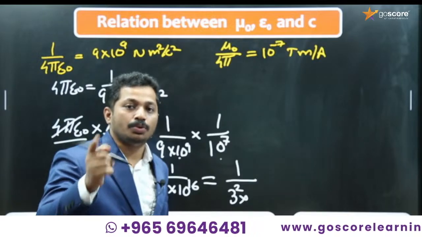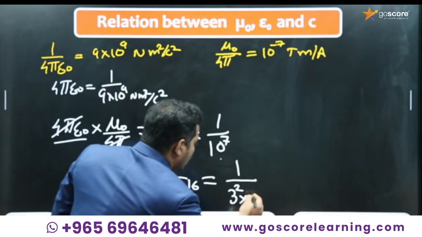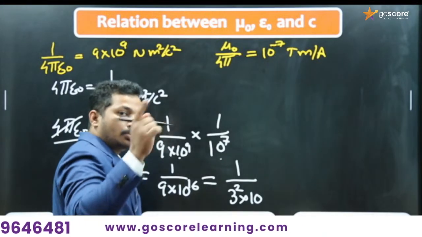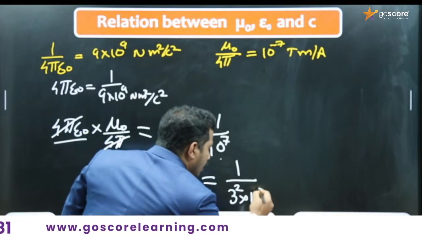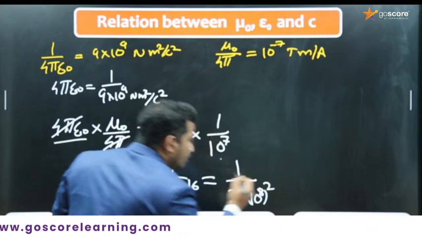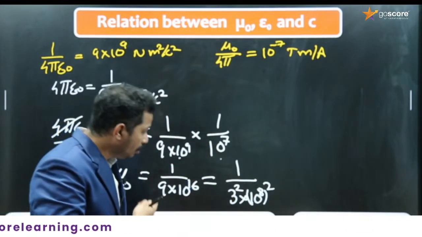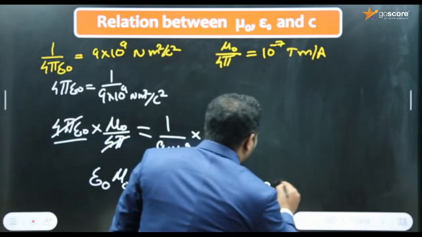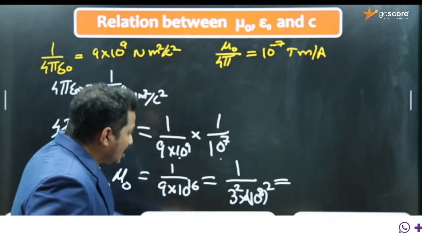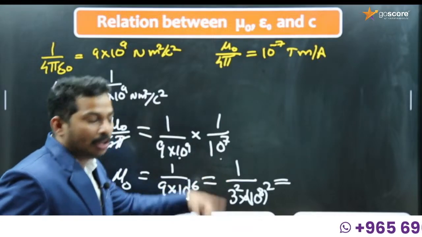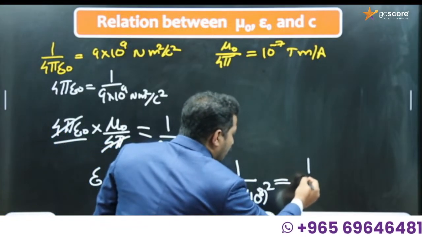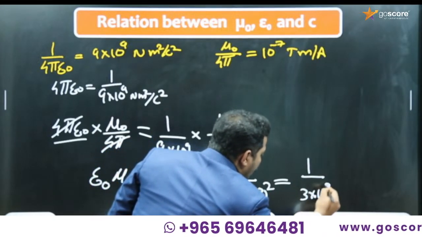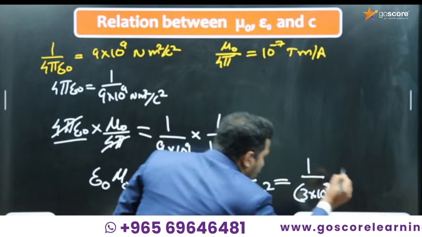It is x raised to m n, right? So 10 to the power 16 means 10 to the power 8 all raised to 2. What's the purpose? Let's see. So 1 by 3 square into 10 to the power 8 all square, and we can write it as 1 by 3 into 10 to the power 8, whole square.